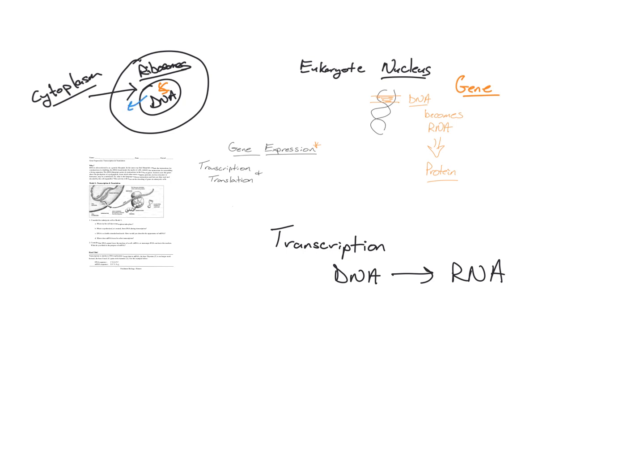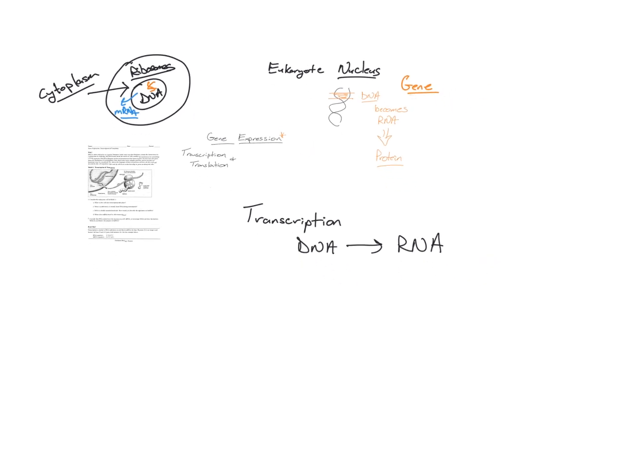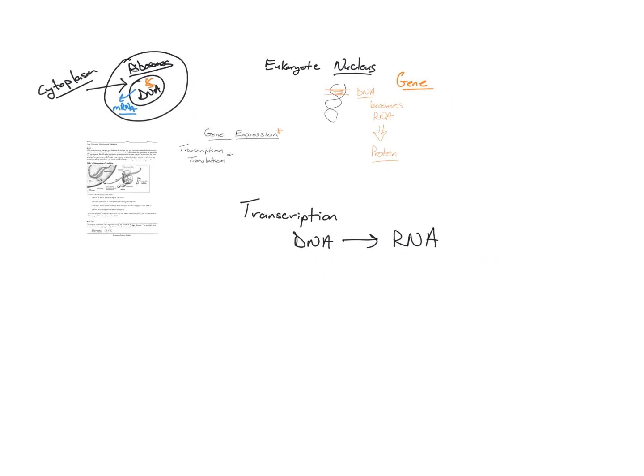The message coming out is known as mRNA. So RNA acts as a messenger in this case. RNA has several roles, but mRNA is the messenger. We have to take the message from DNA and turn it into RNA.